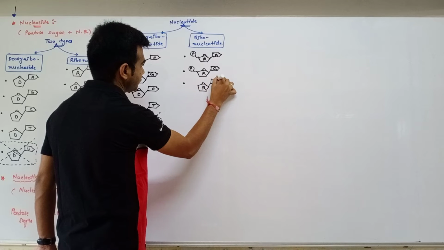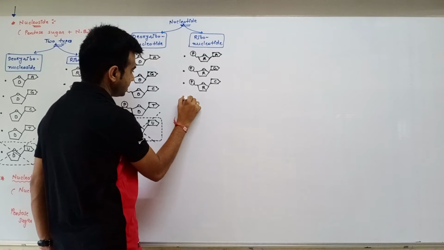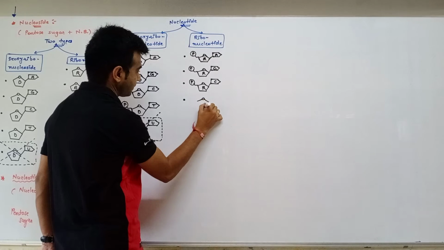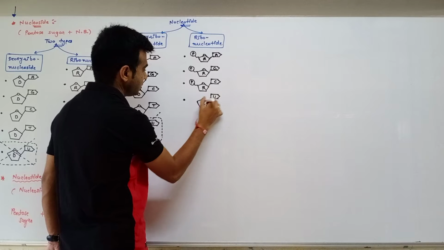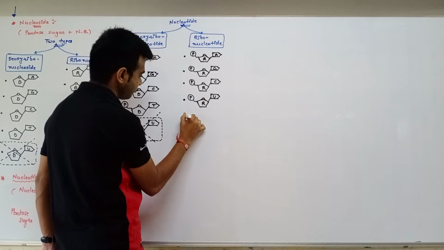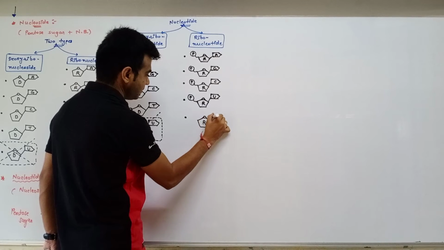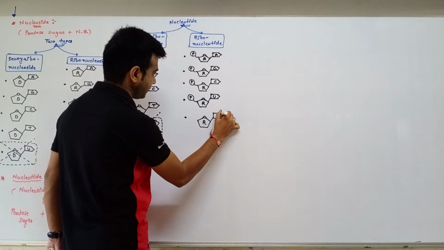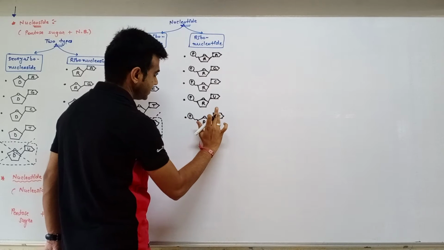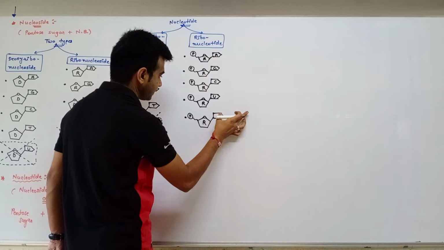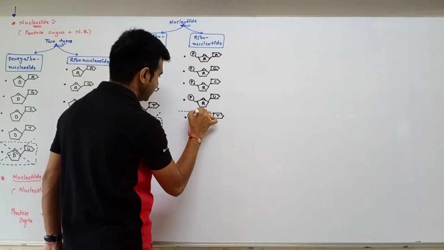Ribose sugar, cytosine, phosphate group. Ribose sugar, uracil with phosphate group, and the last one, ribose sugar, thymine, sorry, mistake here, this is the thymine and here it is not possible.